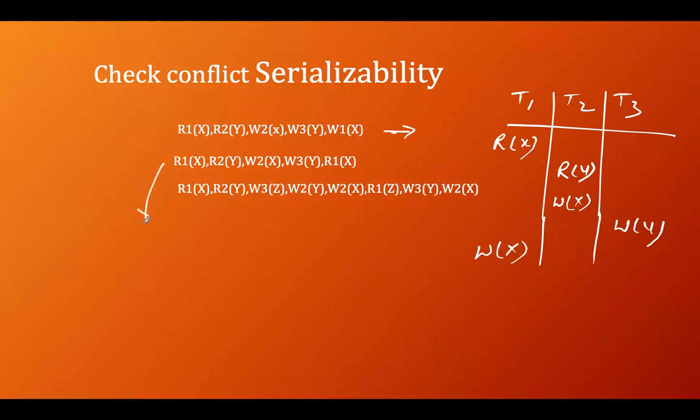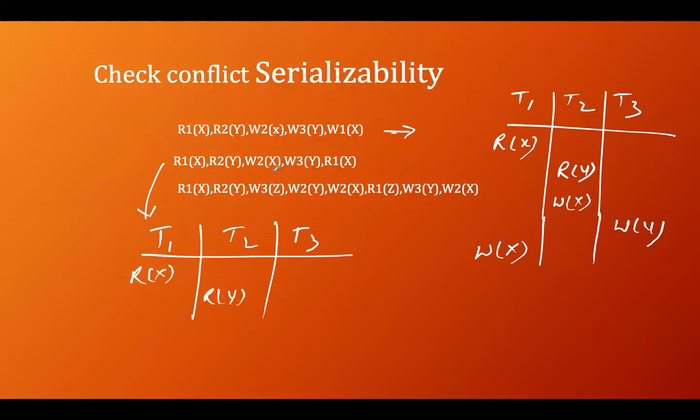How will this work? T1, T2, T3, there are also three transactions. The first read will be done by transaction 1. The second read will be done by transaction 2. Then there is a write operation on X, a write operation on Y, and a read operation.